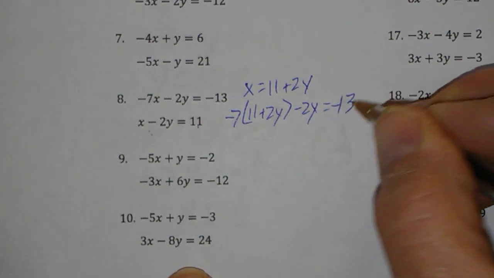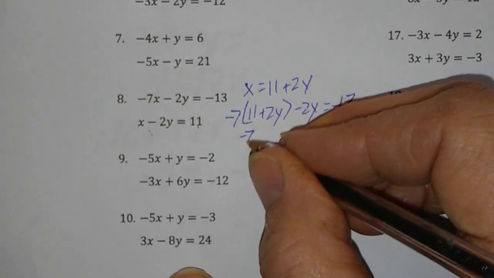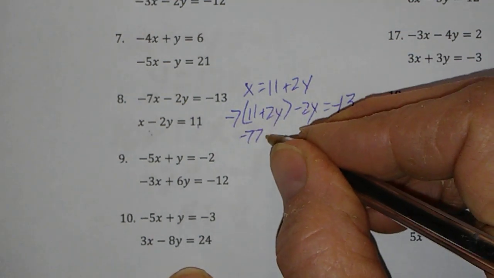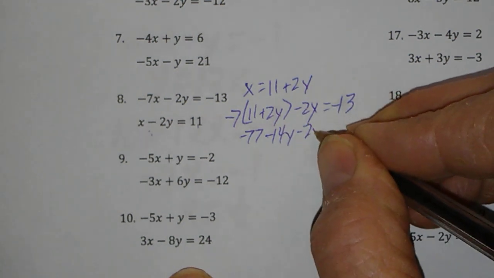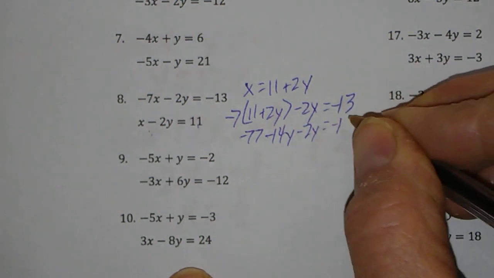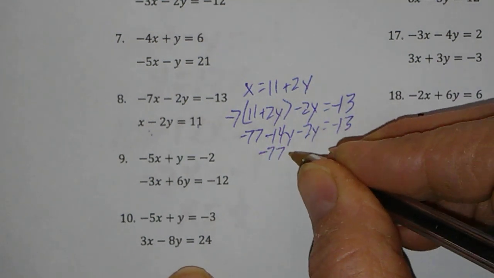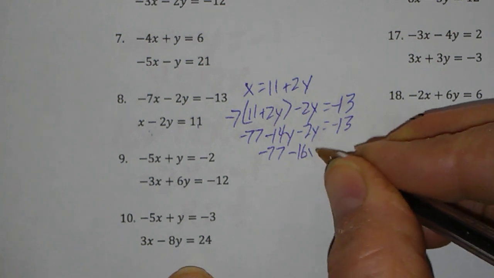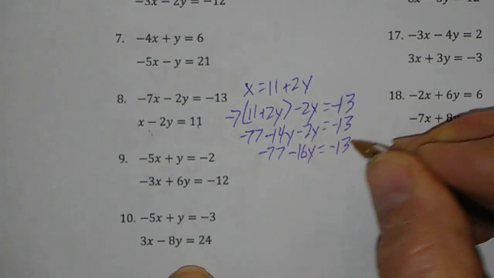So in this one, we're solving for y. Oh boy, it looks big though. Negative 77 minus 14y minus 2y equals negative 13. We get negative 77 minus 16y equals negative 13.